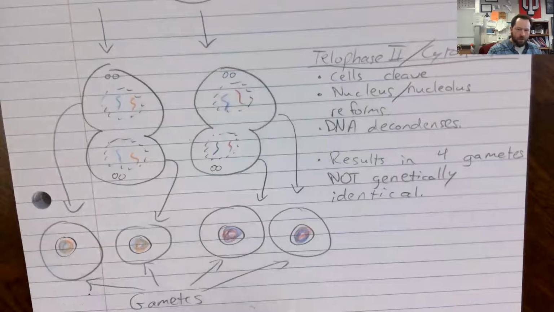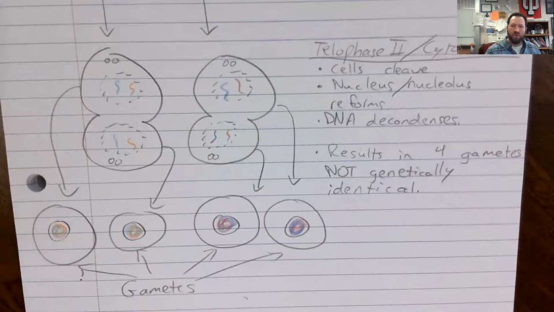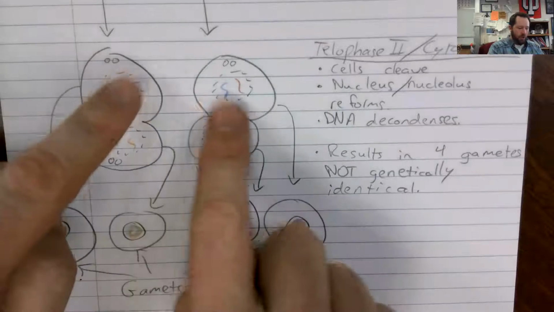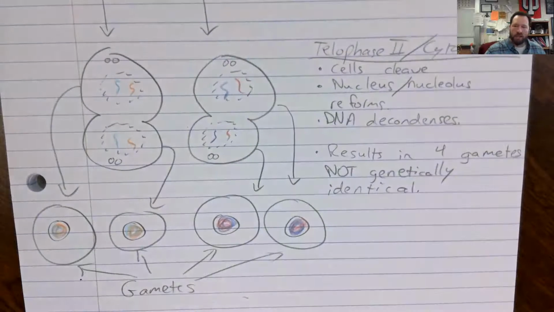But there we go. These are our gametes. Those are the cells you would reproduce with. Genetically unique cells. And so that's how you go from 2N down to 1N.